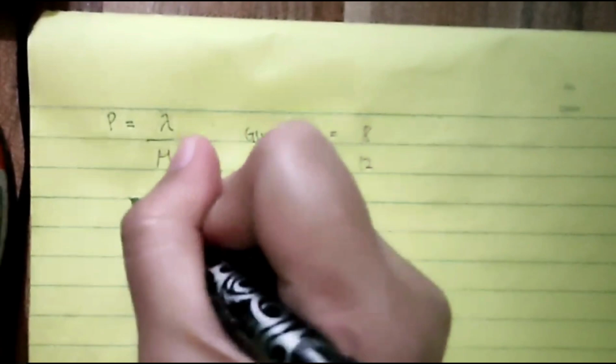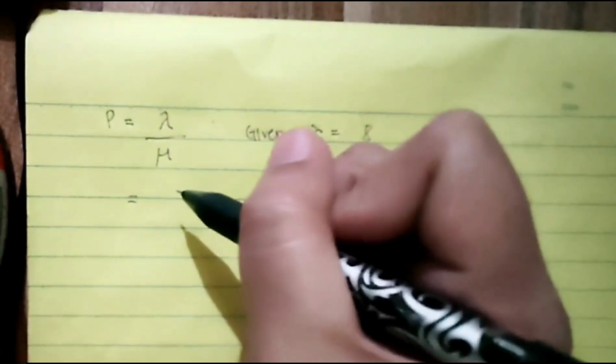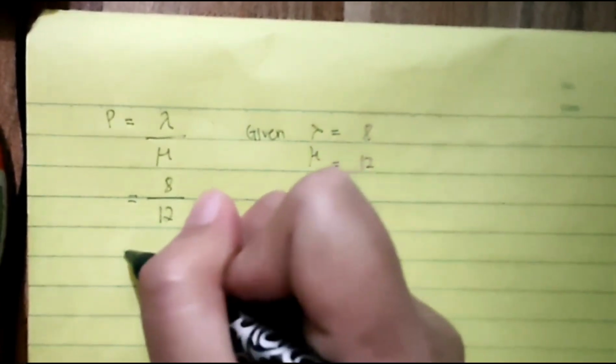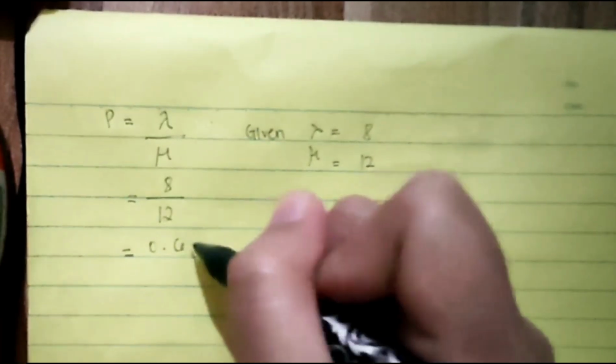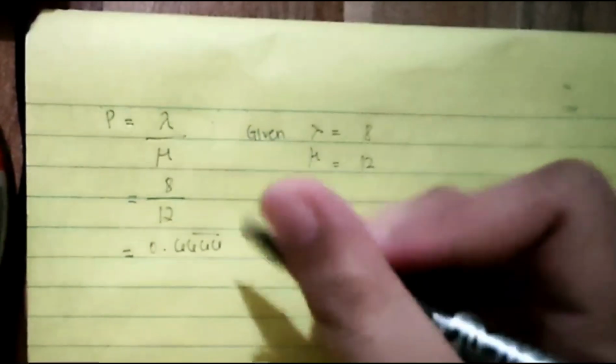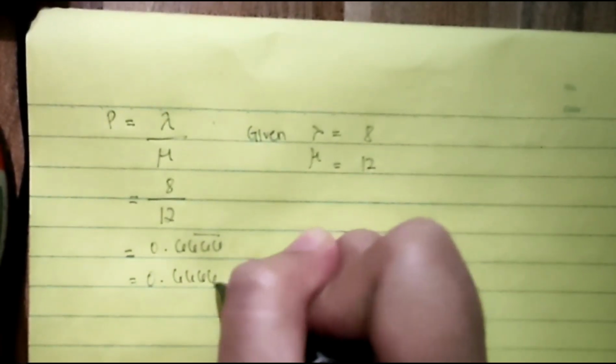So, we're going to substitute the given values sa mismong formula. So, 8 divided by 12 is equal to 0.6666 bar kasi repetition, or 0.666667.